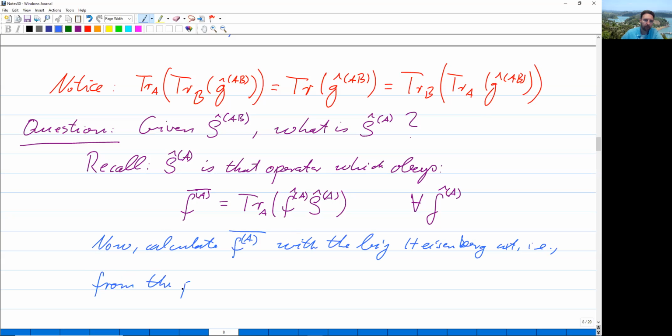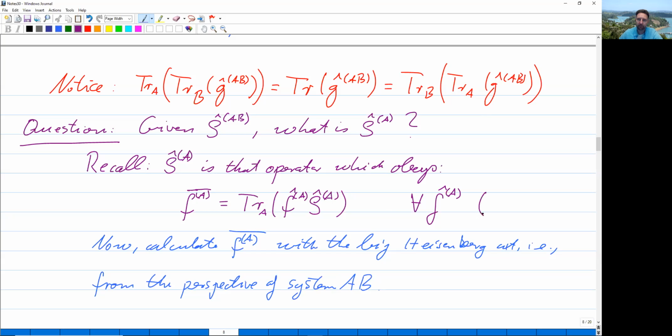from the perspective of system AB. Right, so this is the small Heisenberg cut here. Let me just write that here again.